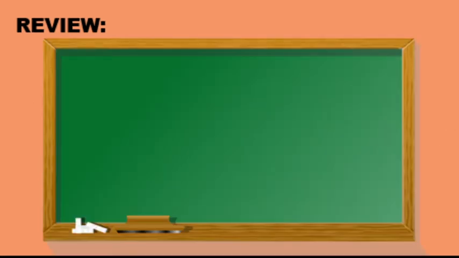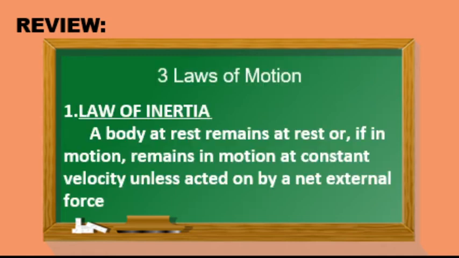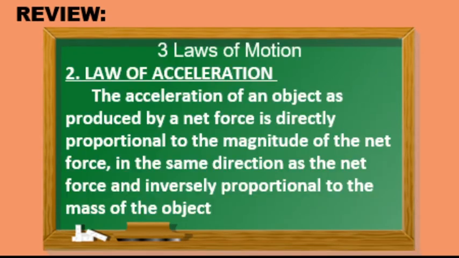Let us now state one by one for us to recall the concepts. Law of inertia. A body at rest remains at rest, or if in motion, remains in motion at constant velocity unless acted on by a net external force. Law of acceleration.